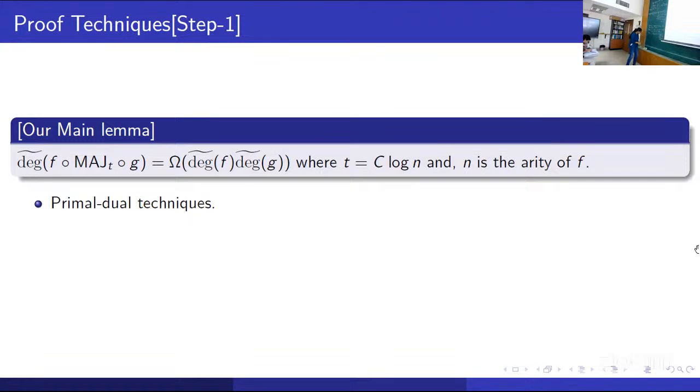Now the question is how we can do that. So this is our goal. This is what we'll be happy if we can get.